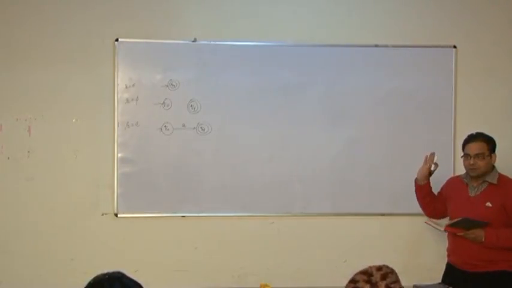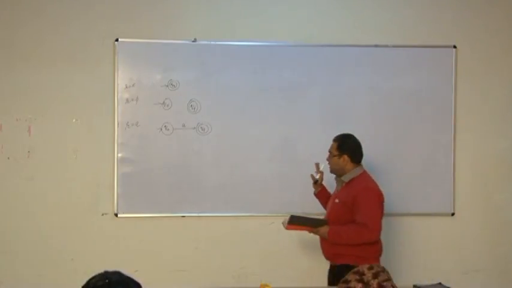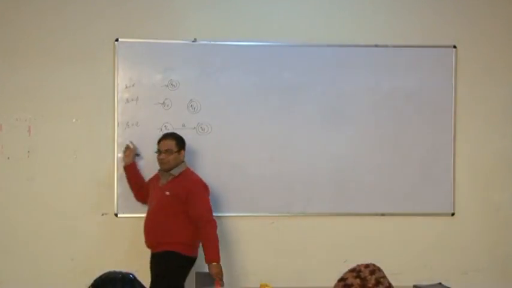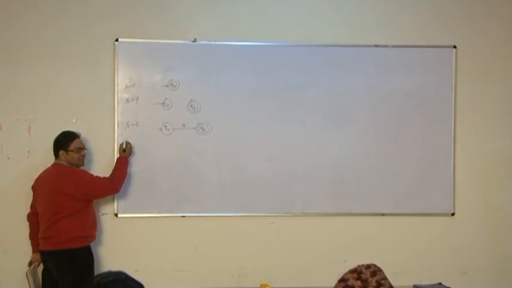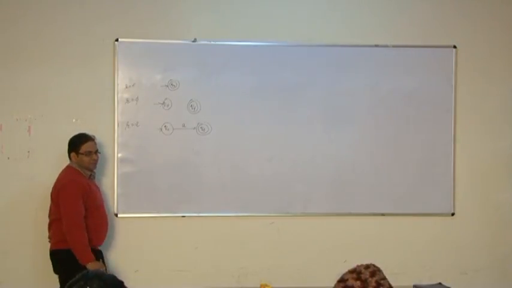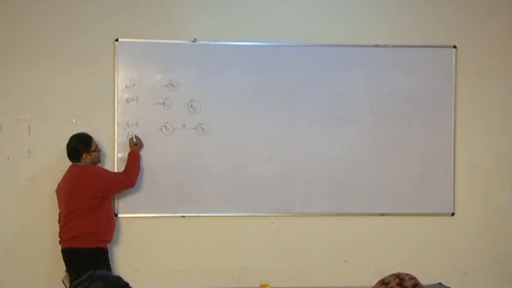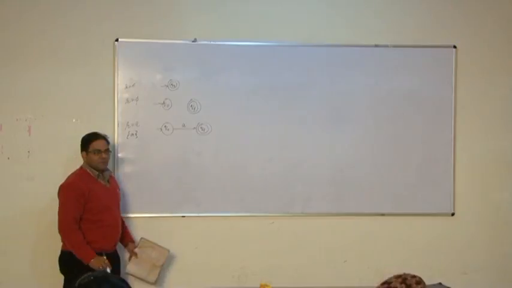Is it clear? So just one symbol is accepted, and what is the set that is accepted, that is represented by this regular expression? What is the set? That is the set of strings, a single symbol. Clear?